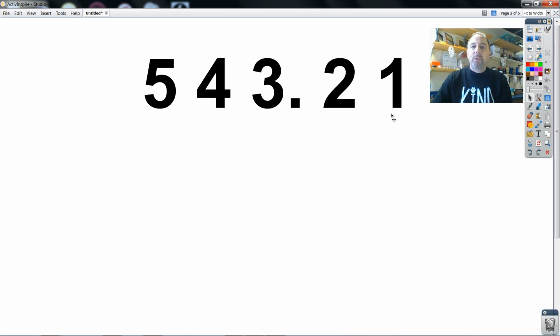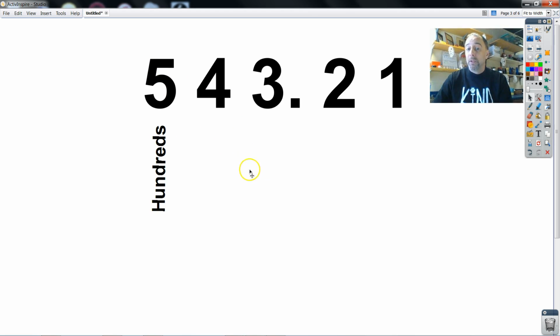Let's take a look at a pretend number. Actually, it's a real number. It's just 543.21. But that's not how we say this number. We don't say 54321. We don't say 543.21. We don't say 543 and 21. We use our place value. So we read the first part of the number, which is 5 what? You guessed it, hundreds.